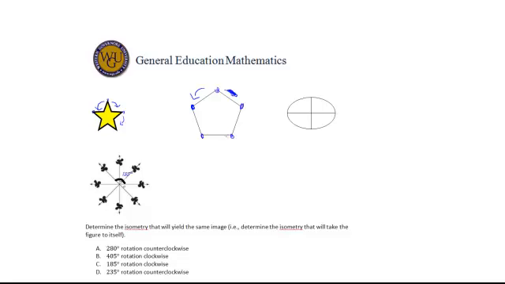It would be able to map onto itself. Now, if we didn't rotate it all the way to this point, so let's say we only rotated it halfway, well, it wouldn't map onto itself. So it needs to be a certain degree measure that it's rotated in order for it to map onto itself.